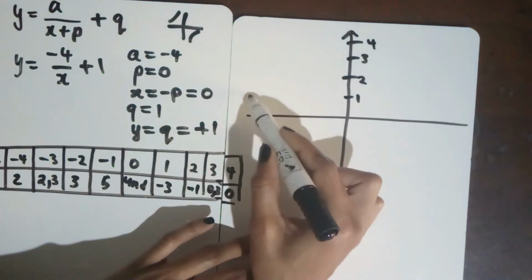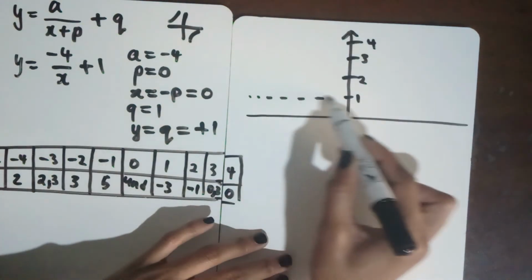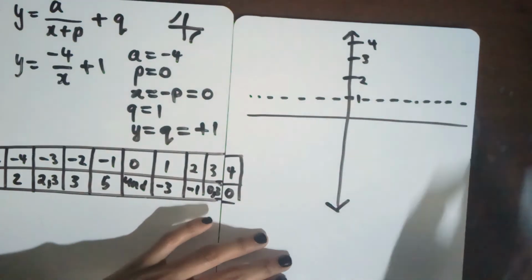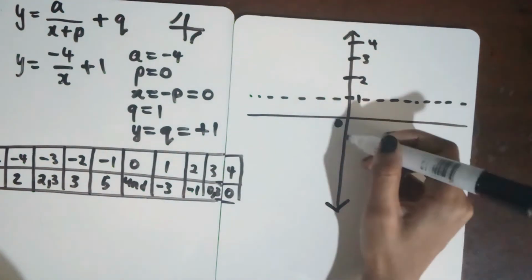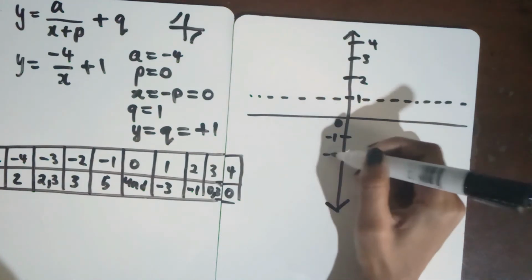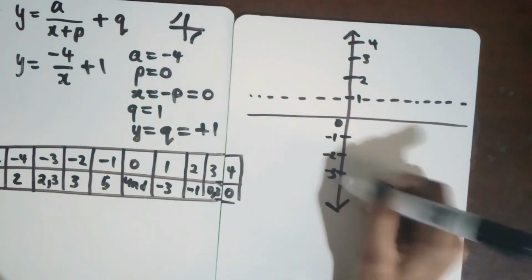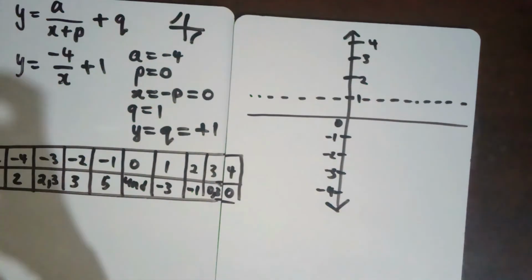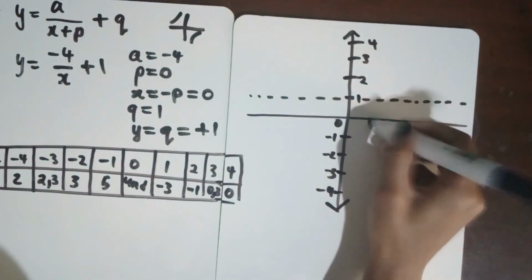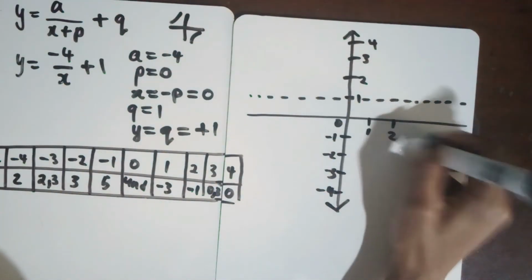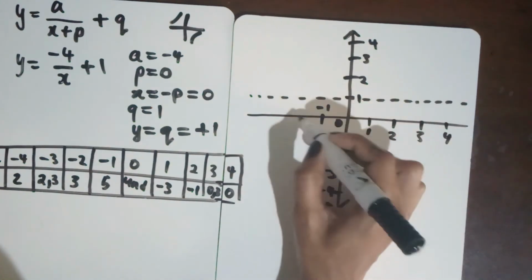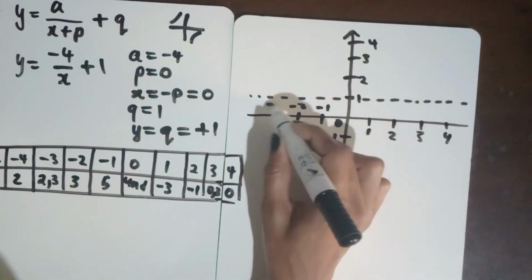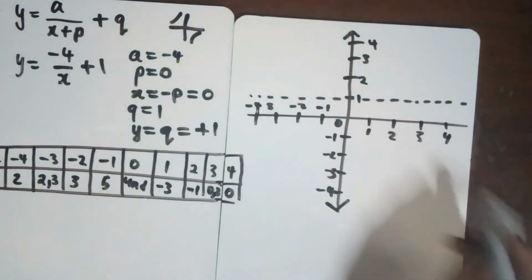We'll draw our asymptote with a dashed line there at positive 1, right? And then it's 0 here, -1, -2, -3, -4. And then for our x-axis of 1, 2, 3, 4, -1, -2, -3, -4, right? Cool.